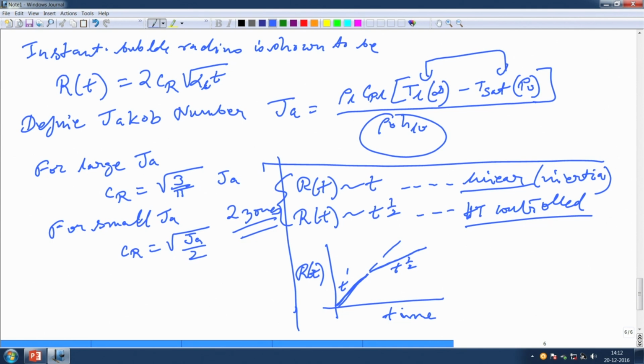Got it. And this is for homogeneous nucleation only. Clear up to this point. So, that is the bubble growth. So, these are all related to bubble growth, right.